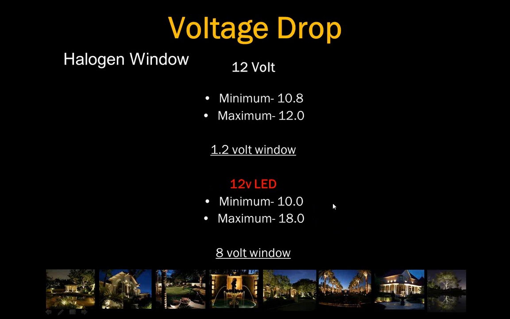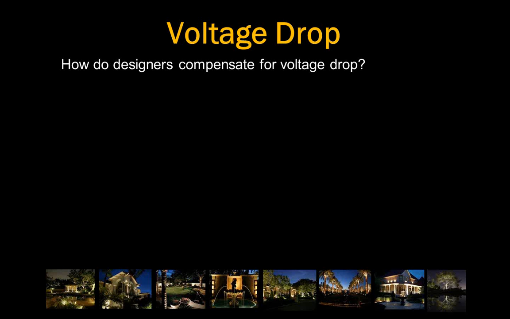But the great thing about LED is that at 10 volts or 18 volts at each fixture, I'm getting the same light output. There's not going to be any difference in light output anywhere in between these two numbers. Now, if I go below 10, that's when the LEDs will actually start to dim. And if I go above the 18, we'll actually short the LED out. It won't get brighter. You'll actually fry the electronics inside that LED.